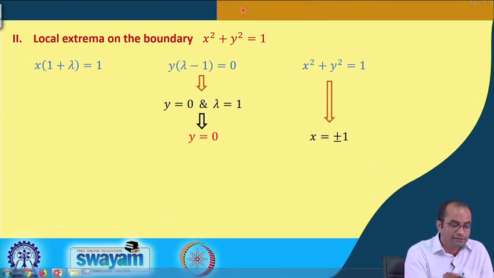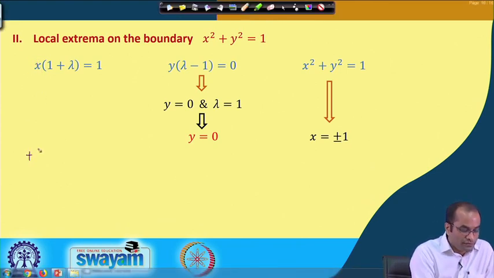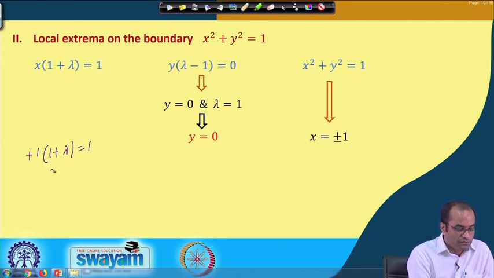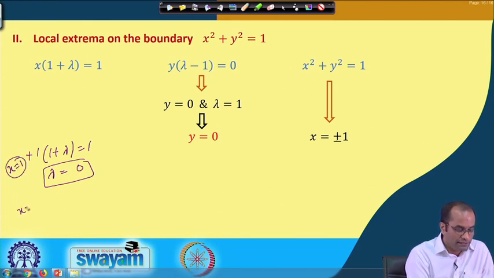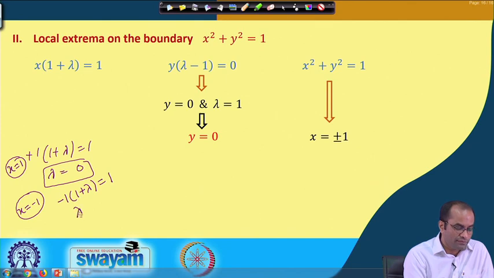If x is plus 1, we have 1 plus lambda is equal to 1. So, this lambda will be 0 in that case. And if we have x is equal to minus 1, in that case we have minus 1 plus lambda is equal to 1. So, this lambda will be 2 in this case.